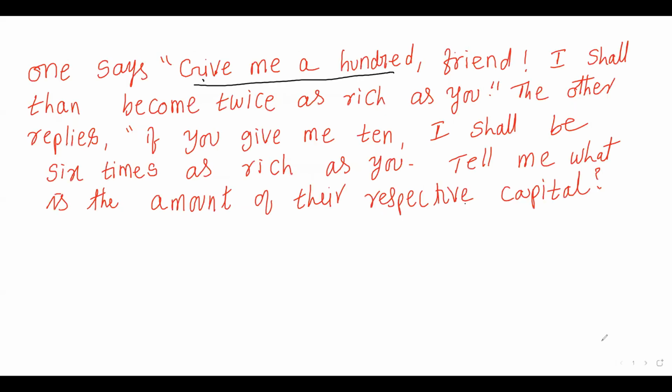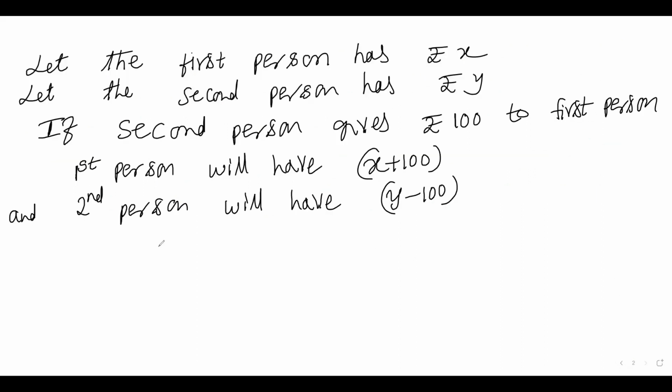Now what is the condition? First person will be twice as rich as second. So first person will be twice as rich as second person. You are getting the first equation. Multiply 2y and 100.